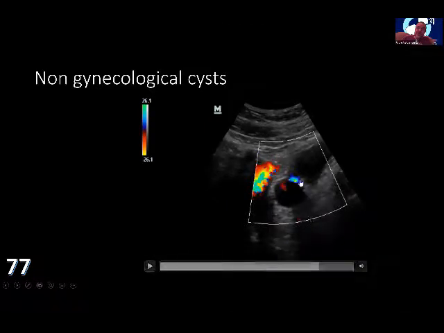When we press, we apparently see a flow between the bladder and the thing. See those colors?